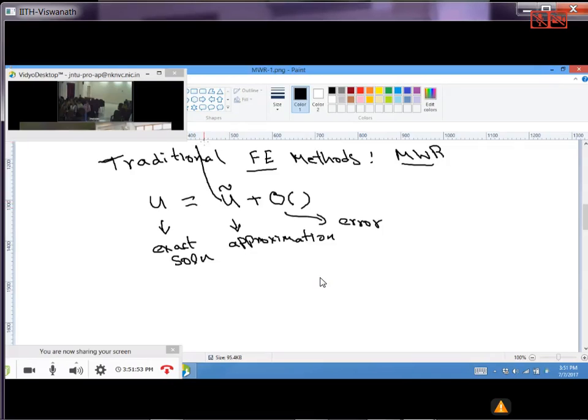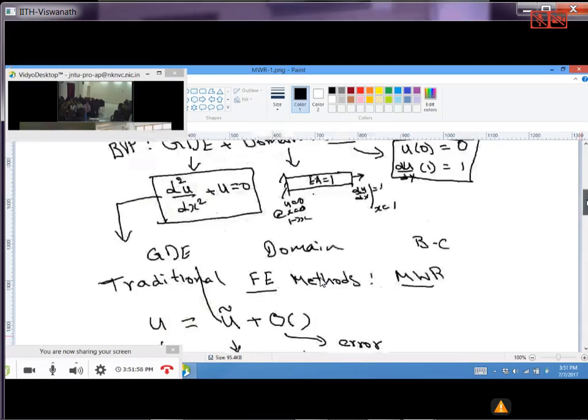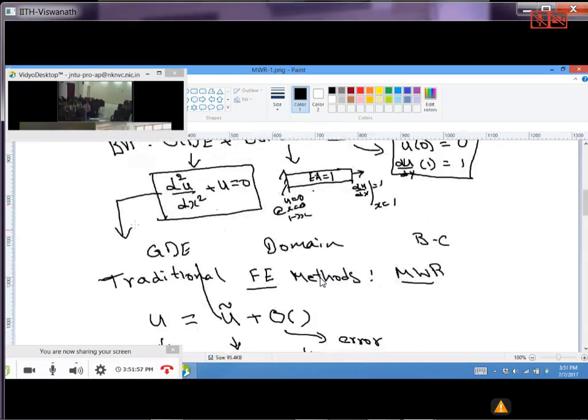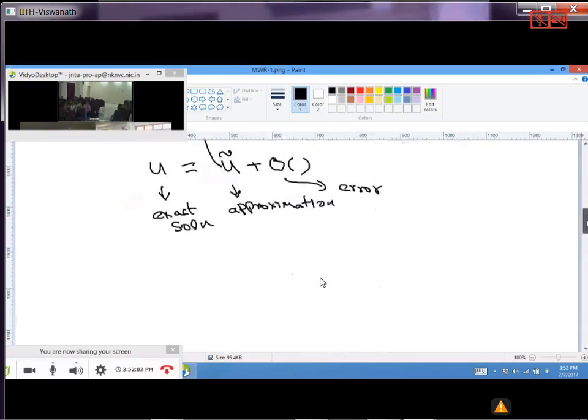into this governing differential equation. We know that d square u by dx square plus u is equal to 0, because this is exact.